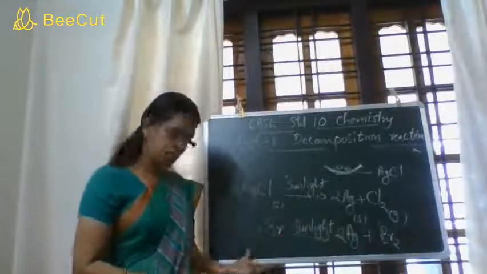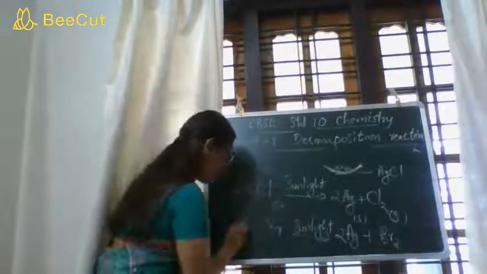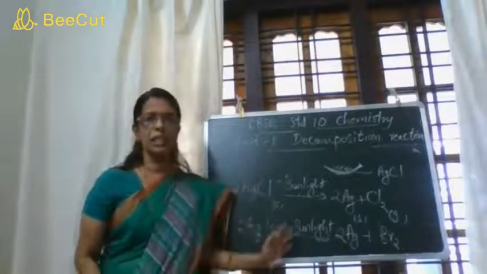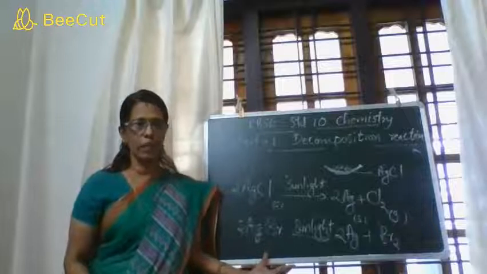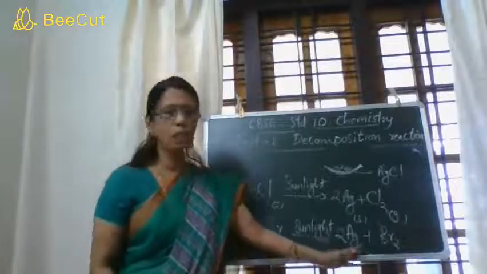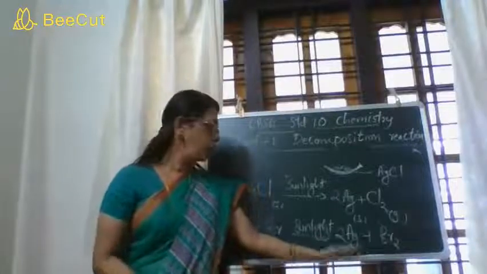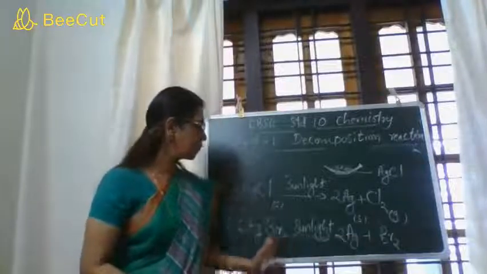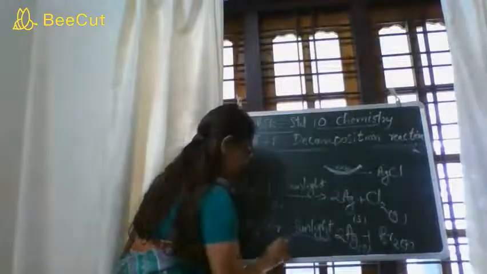And also silver bromide. This is a similar reaction. Silver bromide, a white solid, when kept outside in a watch glass, also turns gradually into a black solid. That is also due to the decomposition reaction, and bromine gas is also formed along with that.